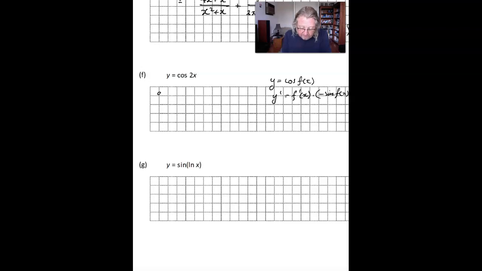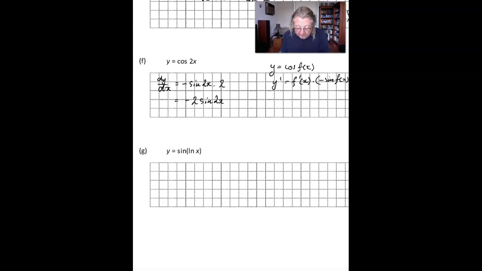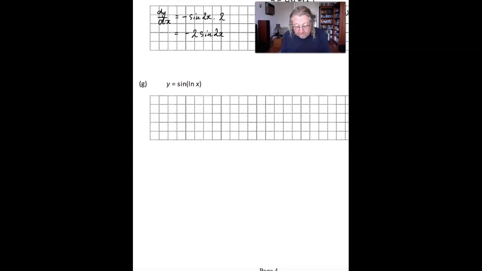Okay, so here we've got dy dx. I actually prefer to do it the other way. It'll be minus sine 2x. Now times the derivative of 2x, which is just 2. And bringing the 2 in front, minus 2 sine 2x.